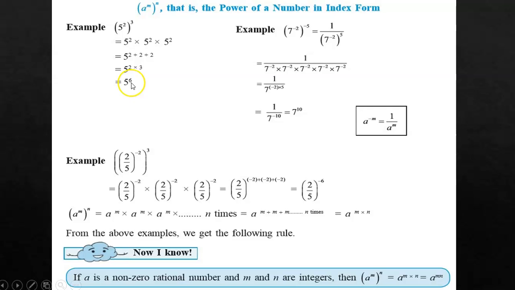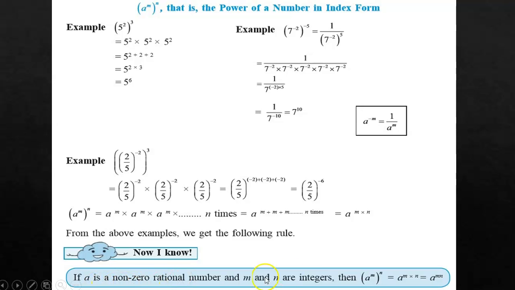So my answer is 5 raised to 6. That means what exactly happened over here is, when we have such a case, 5 raised to 2 the whole raised to 3, then what we are supposed to do with the power is, if the base is the same and the powers are raised to each other, then we are supposed to multiply the powers. So here I'm going to do 2 multiplied by 3, which is 6.